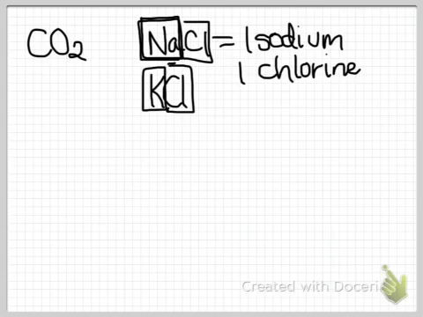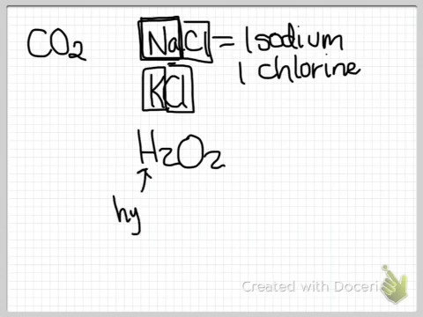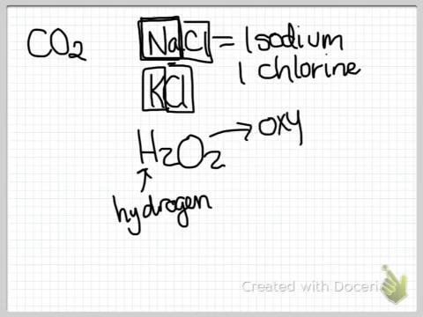So if we look at another example, H2O2, we know this is made of hydrogen. You can use your periodic table to figure out what the element is by looking for the symbol, and we know that this is oxygen.